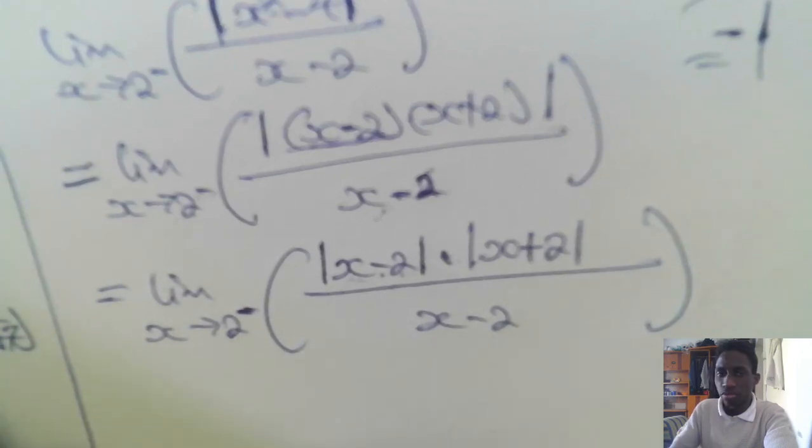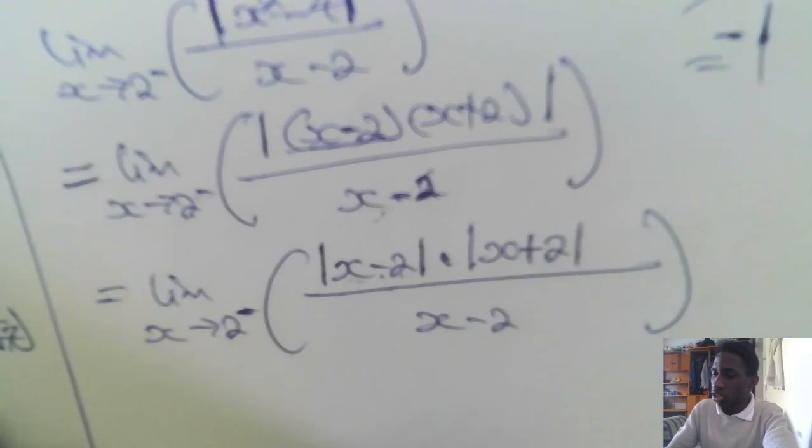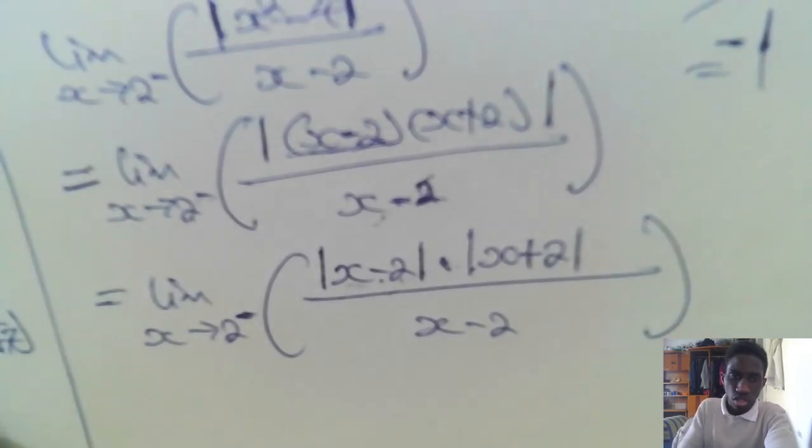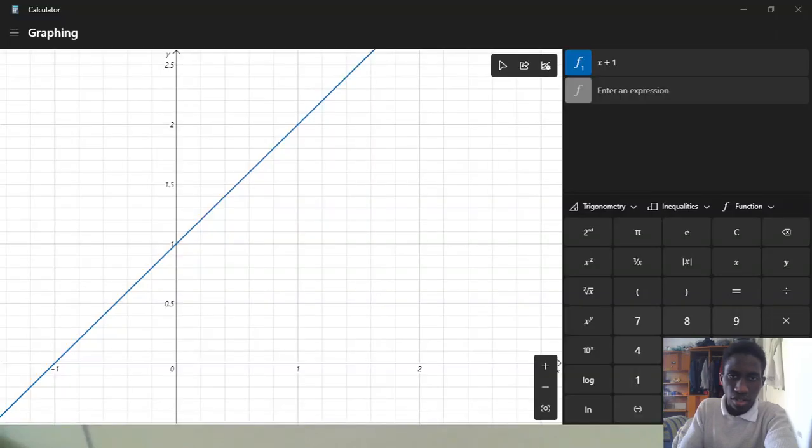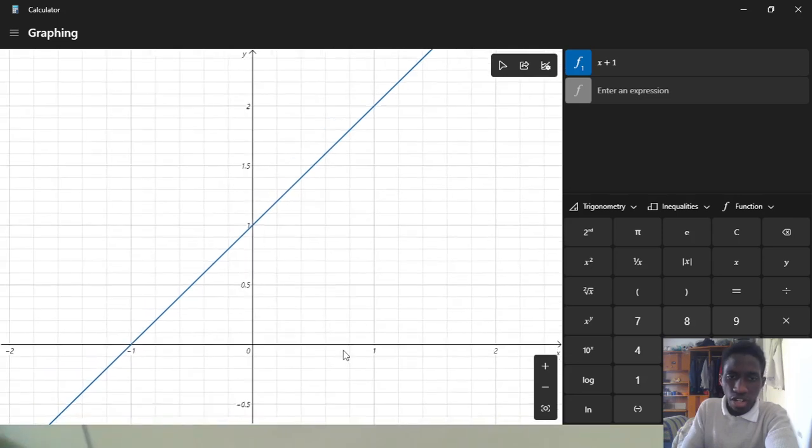What's going to happen? Let's pick a number that's to the left of 2. If we look at a typical graph, the numbers we find to the left of 2 are numbers like 1, 0, minus 1. So we can use these numbers to test.